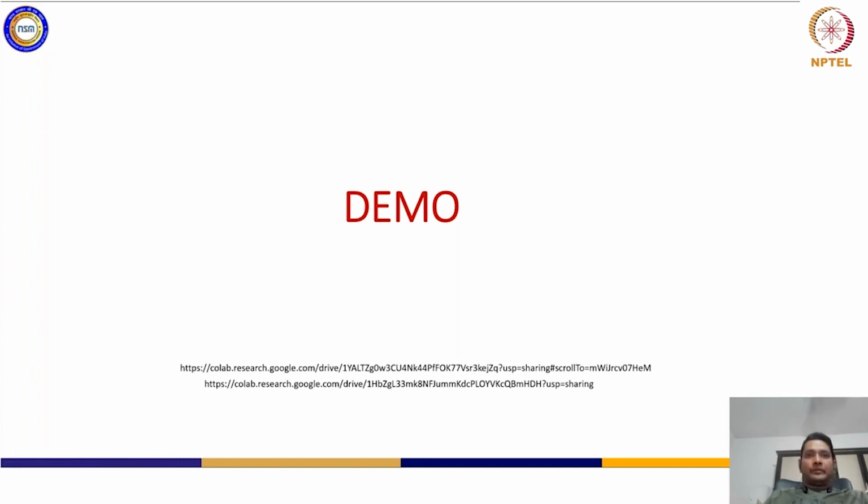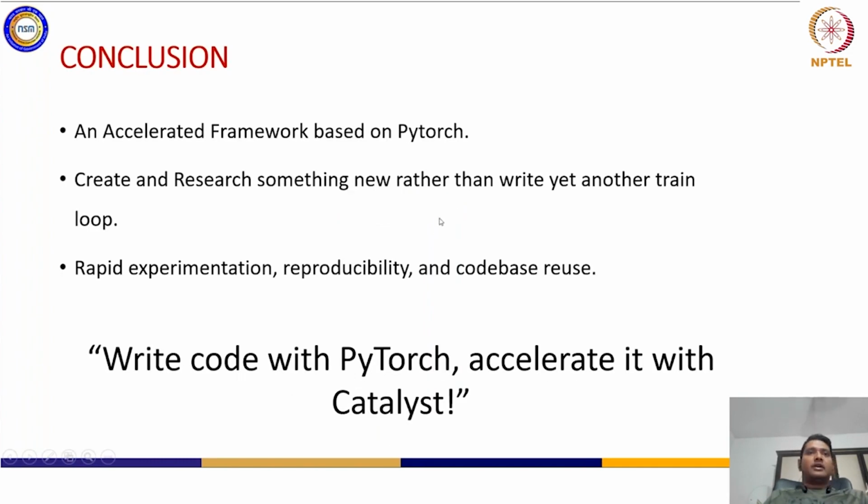So to conclude, Catalyst is an accelerated framework based on PyTorch, and it lets you write your training loop very easily, and you can do rapid experimentation, reproducibility, and code-base reuse.